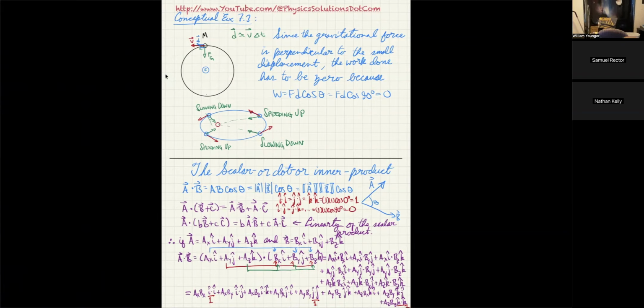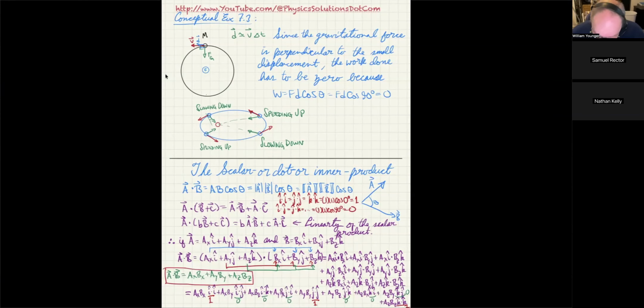So that means, using green now, this is 0, this is 0, this is 0, this is 0, this is 0, and this is 0. So what we've just figured out is that A dot B is also AXBX plus AYBY plus AZBZ, and that was another version of the dot product.